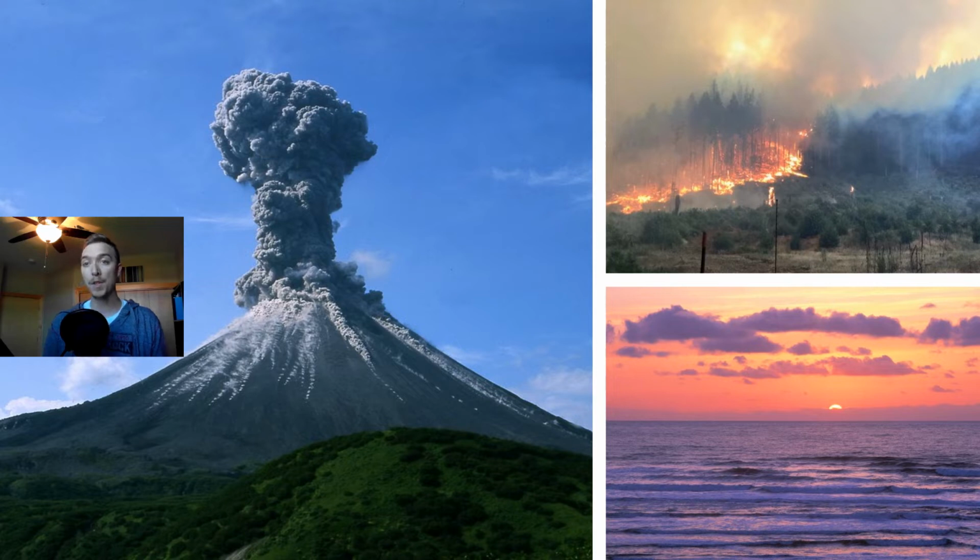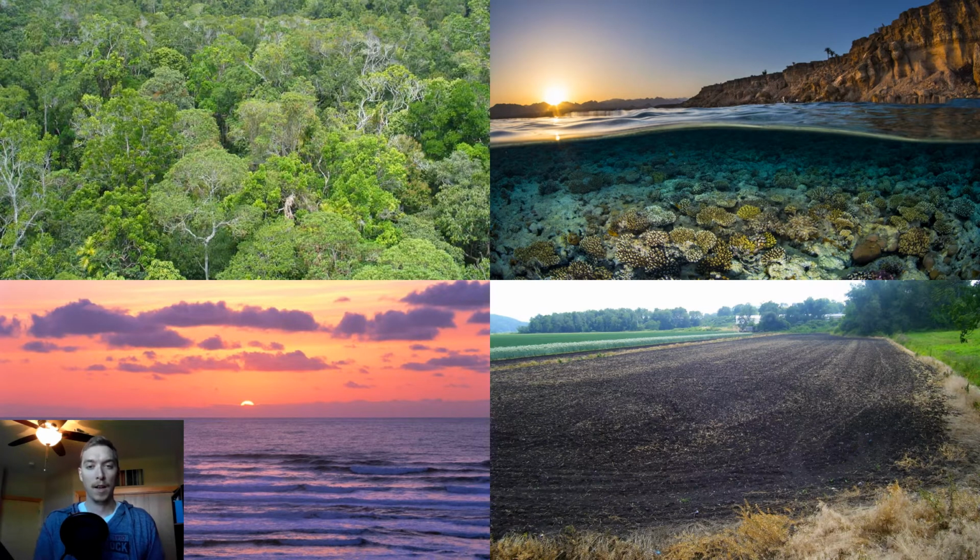It comes from other sources as well. Carbon is released into the atmosphere through volcanic activity, through wildfires and burning, and also just through exchanges with the oceans as well. And through things like agriculture.